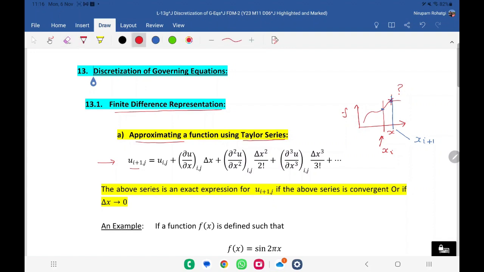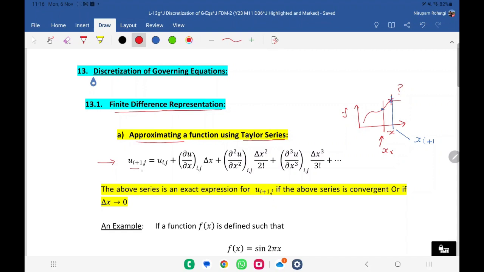Okay, so this is what we are talking about. So u(i+1, j) is basically subscript used to show that we are moving in a horizontal line. Vertically there is not a movement. Okay, of course we will talk about that later on, but at the moment we are moving only in x direction.